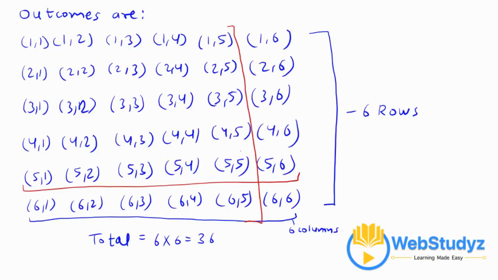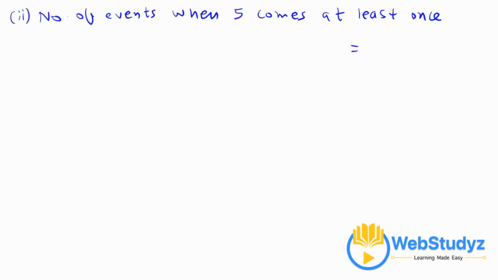We have only one event when we have 5 in both rows. Otherwise, we have only 11 such events where 5 comes at least once. So we can write that there are total 11 such events, 5 plus 6, 11.